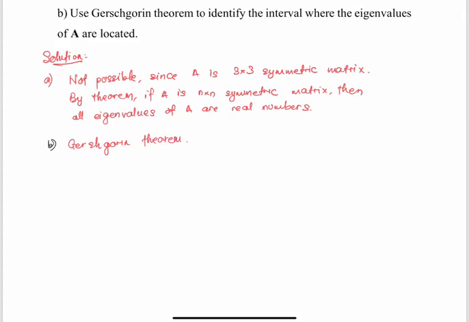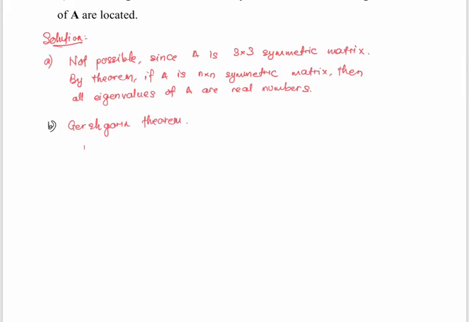And then by the Gershgorin theorem, Ri is equal to the absolute value of the elements that are not on the diagonal.